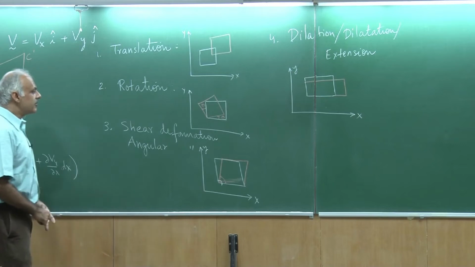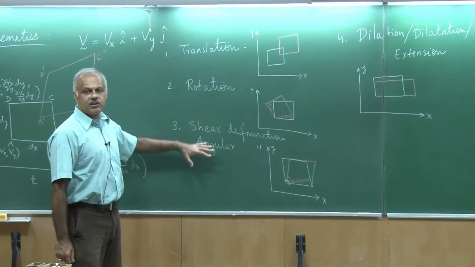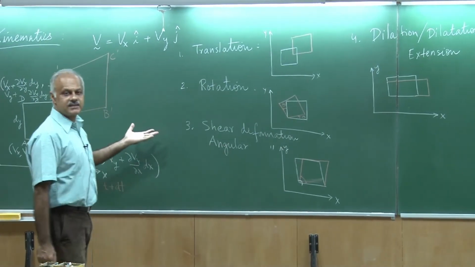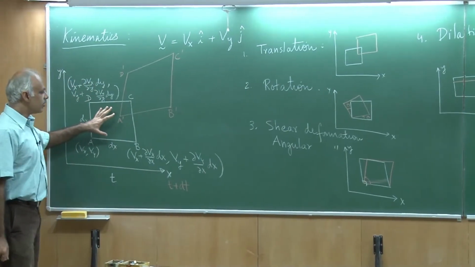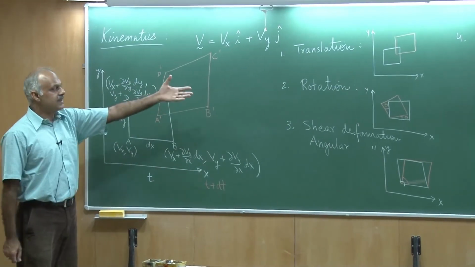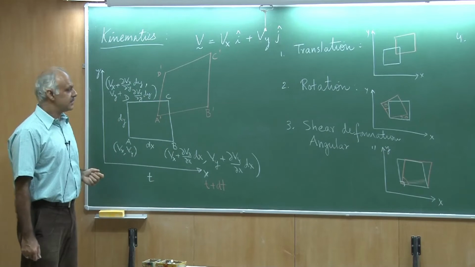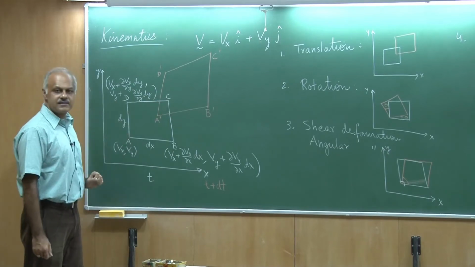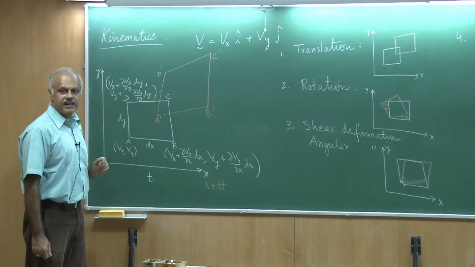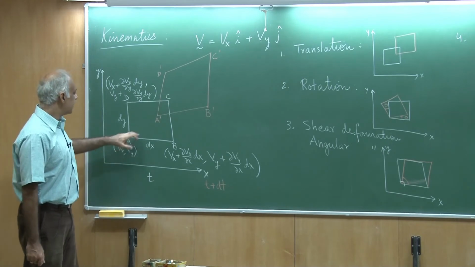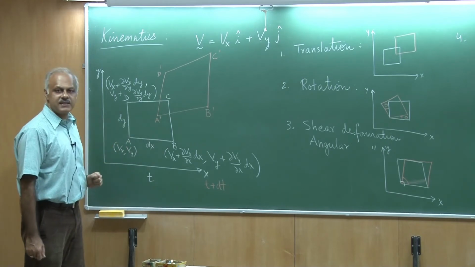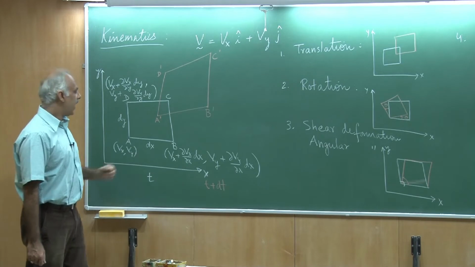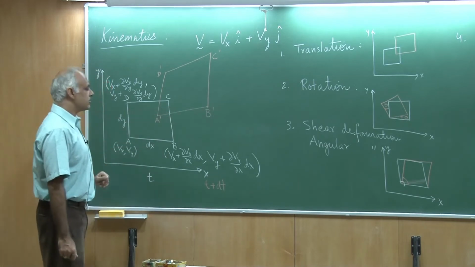So, I could have a deformation which could be either one of these or a combination. The picture that I have drawn here is most likely a combination of all these. So, it is certainly translating, the element is certainly rotating, this angle is changing. So, there is definitely a shear deformation, and the edge lengths are also changing.